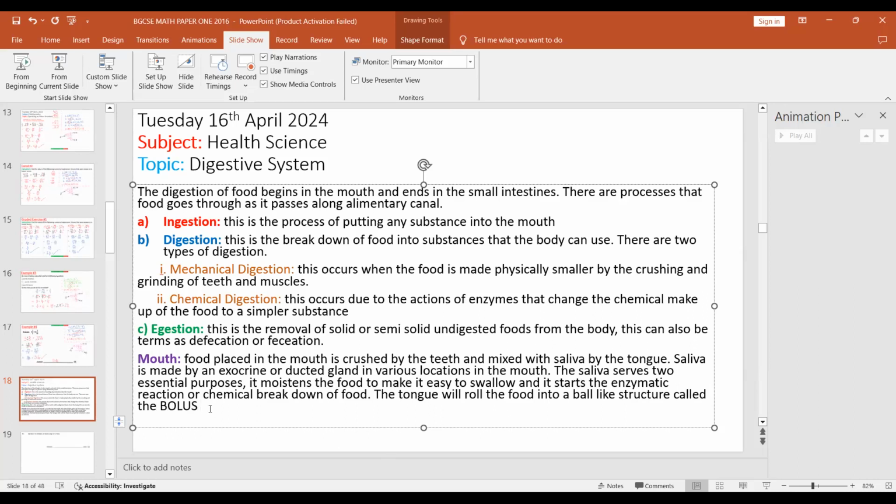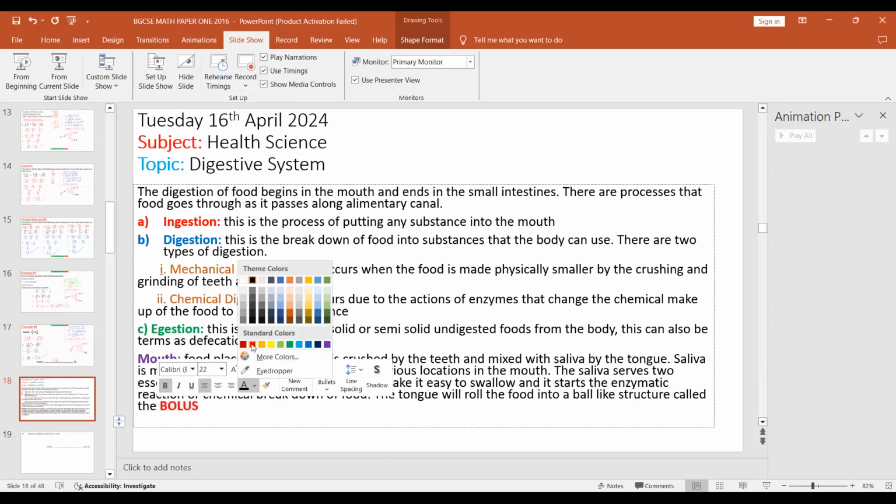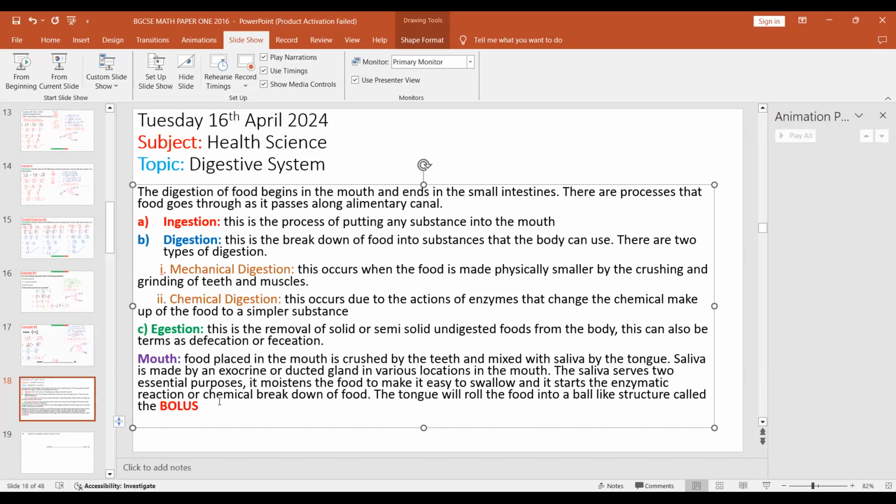So the bolus is the ball-like structure that the food is gathered into, so that it can be swallowed into the esophagus just before swallowing. So what is this telling you about when you're eating?